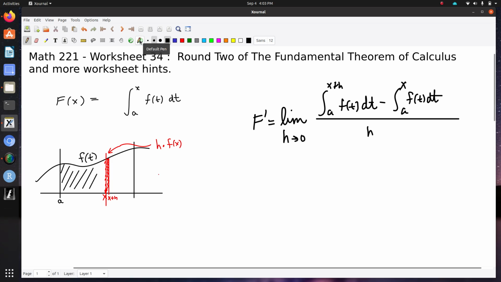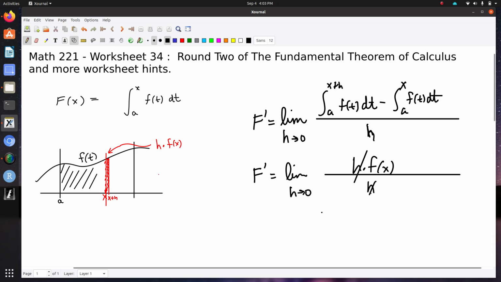So now f prime is just the limit as h goes to 0 of that little strip, and we agreed that that little strip was h times f of x, and then the other h down here just comes from the definition of the derivative. So that's why f prime is equal to f. It's kind of easier, I think, to see in this direction. But anyway, hopefully that makes sense.